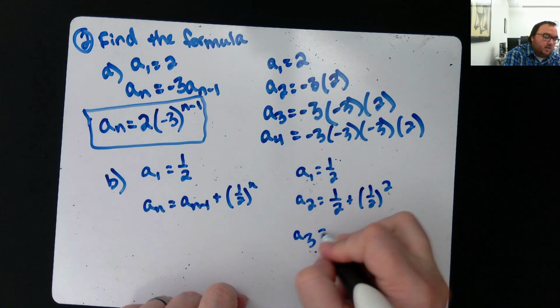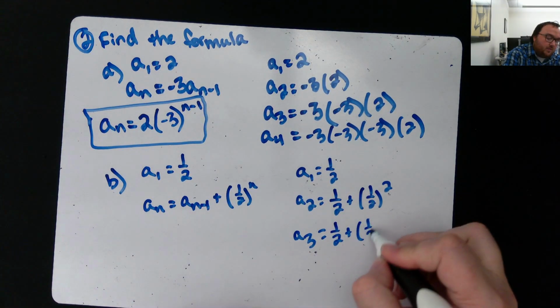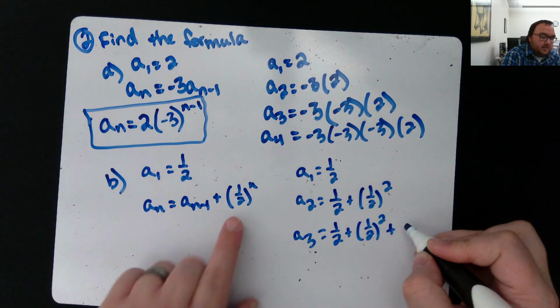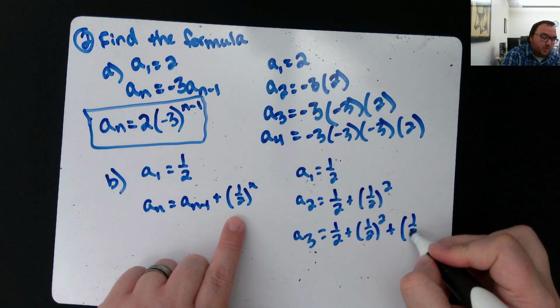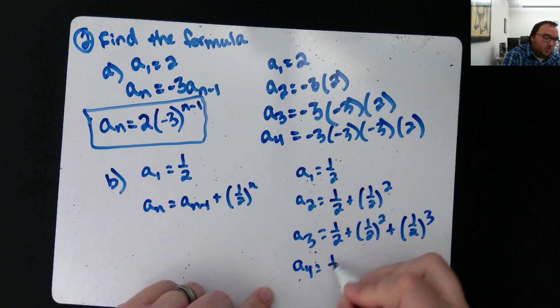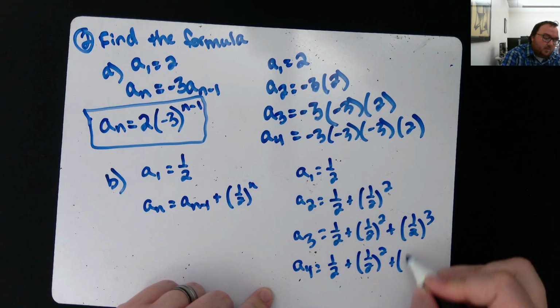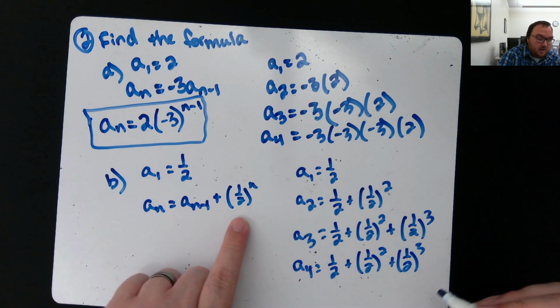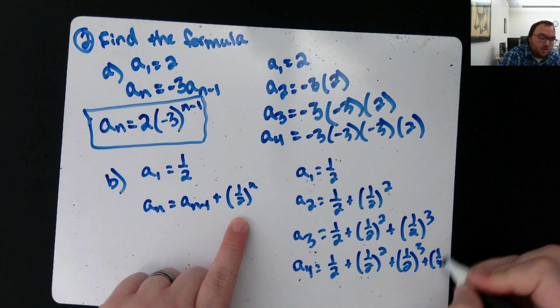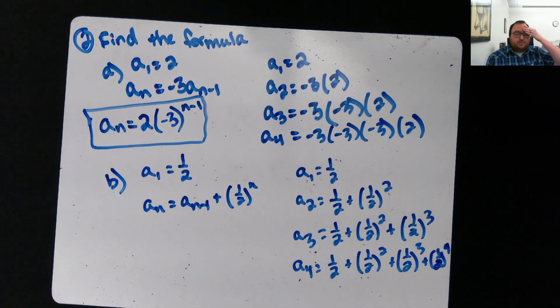For A3, the previous term, which we said was 1/2, plus 1/2 squared, plus then I would do 1/2 to the third. So for the fourth one, 1/2 plus 1/2 squared, plus 1/2 to the third, plus 1/2 to the fourth, and on and on and on.